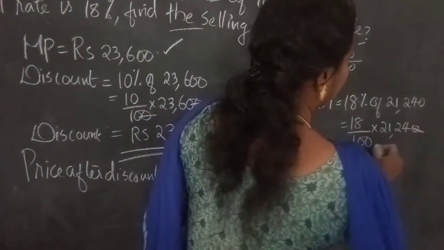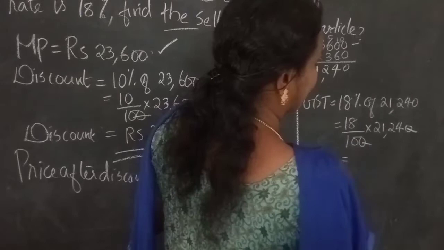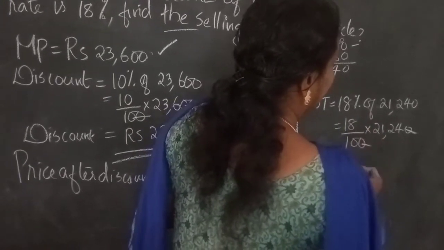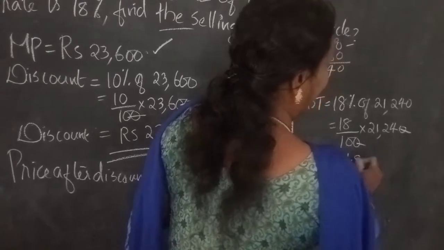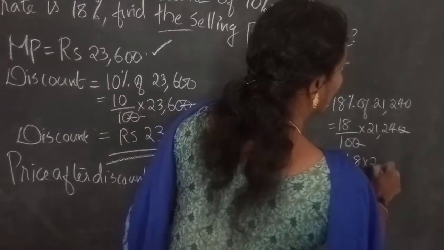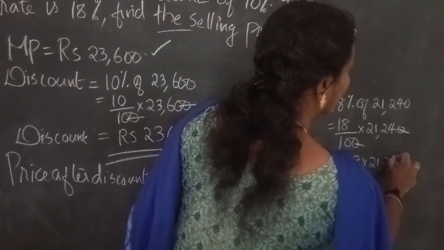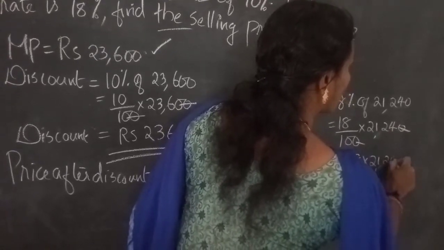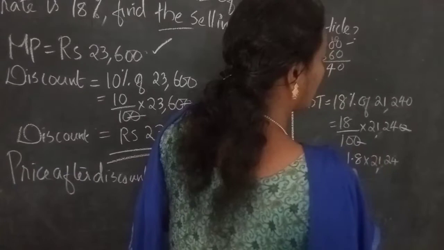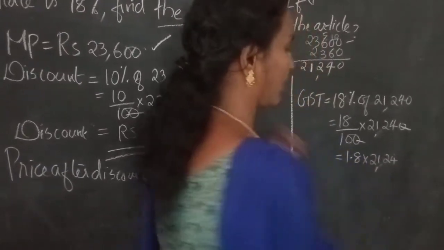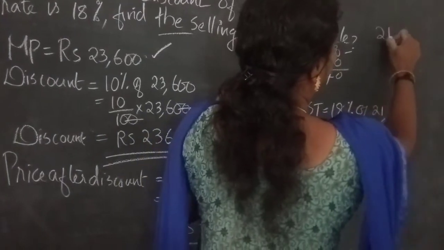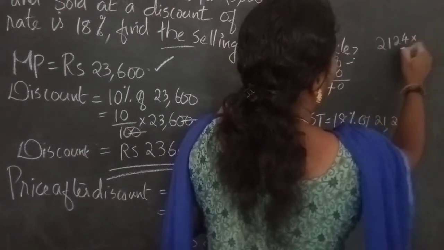Here 0, 0 cancel. Then 18 divided by 10 is 1.8. 1.8 into 2,124. Ignore the decimals because you have to multiply the numbers. 2,124 into 18.